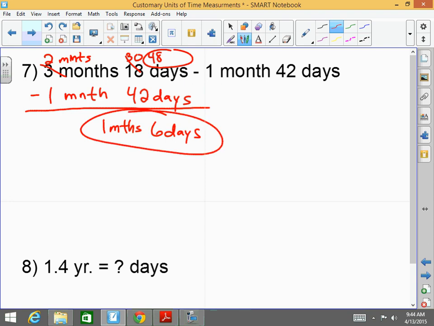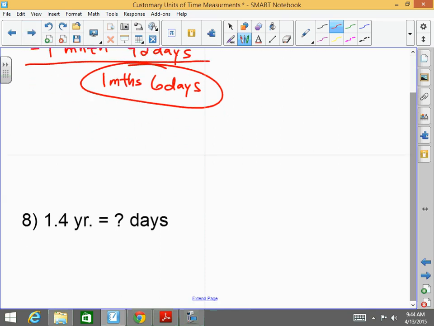Make sense? 1.4 years equals how many days? Am I going large to small, or small to large? Large to small, so do I multiply or divide? Multiply. How many days in a year? 365. So 365 times 1.4, 0, 2, 6, 2, 14.